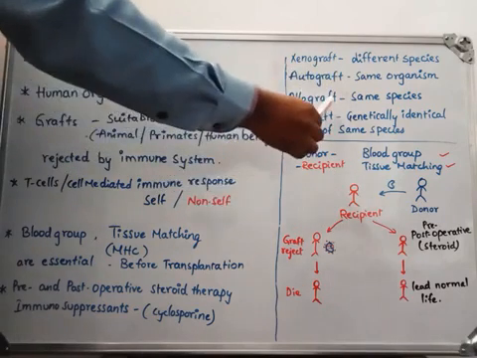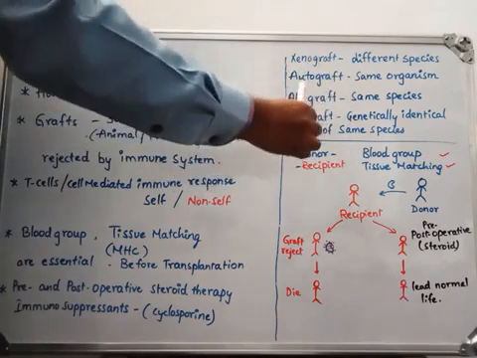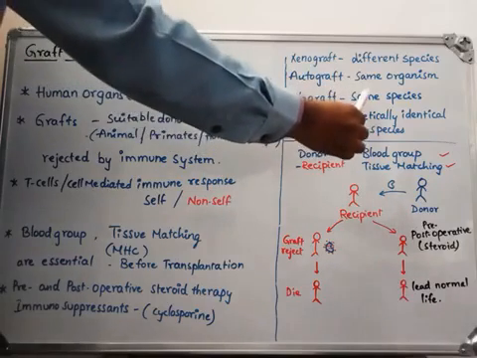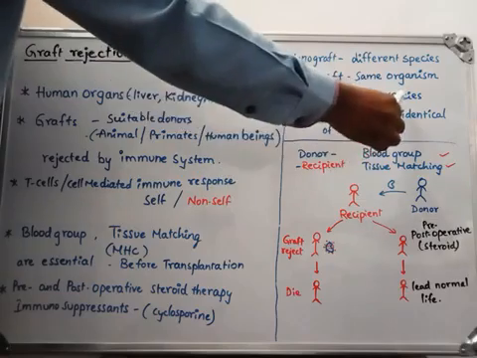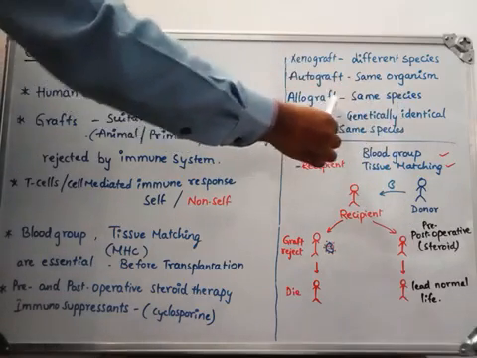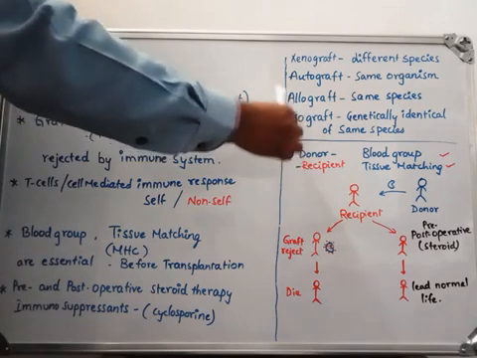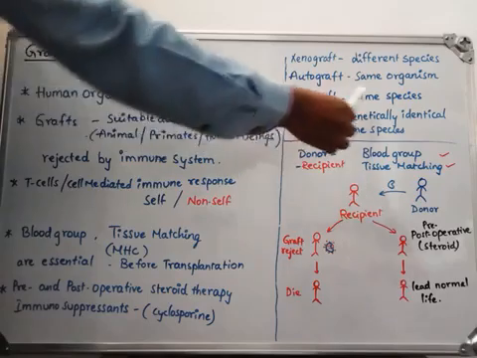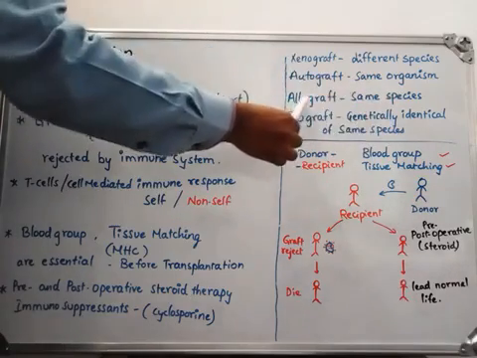Then the allograft is different: it is between individuals of the same species but with different genetic makeup. Allo indicates a difference at the genetic level, but the species is the same, so it is an allograft.